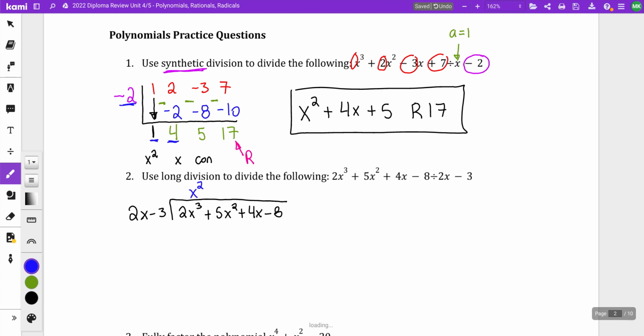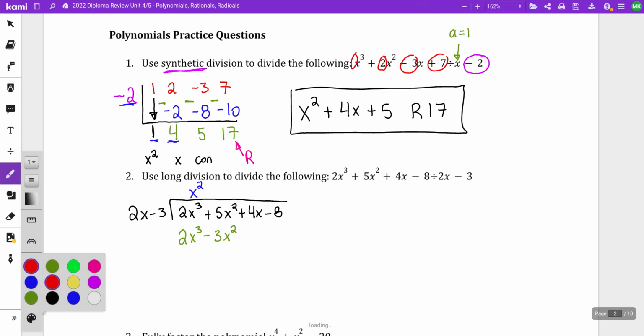If I had 2x and I multiplied by x squared, it would become 2x cubed. Cool, so that's what we're going to do. We're going to take that 2x minus 3 and multiply it by x squared. That gives us 2x cubed minus 3x squared. That's the result after I multiplied it by x squared. Whatever I multiplied by goes on the top. The result is in green there.